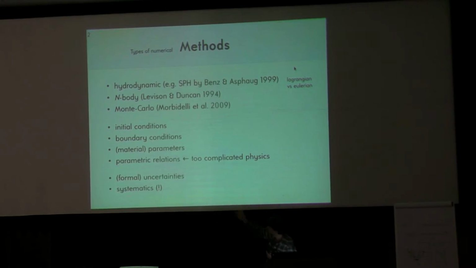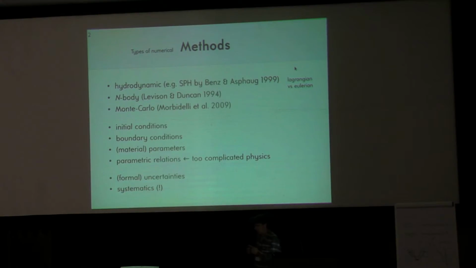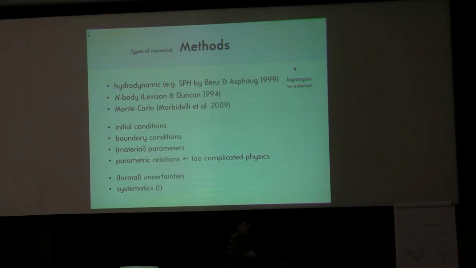Of course, any type of model requires initial conditions. Some of the models are also controlled by boundary conditions. And we have to think of parameters, mostly related to material parameters like density.